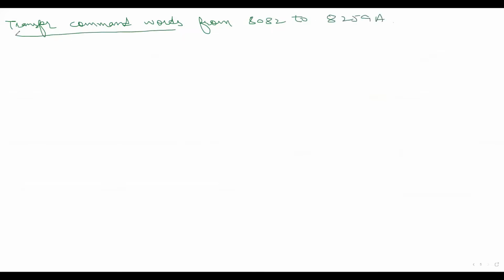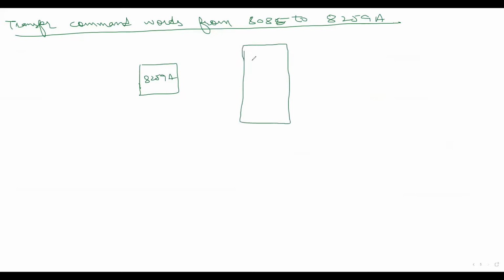Let's see how we can do that. We have this device 8259A, which is connected to microprocessor 8085. For microprocessor 8085, this is an input output device.